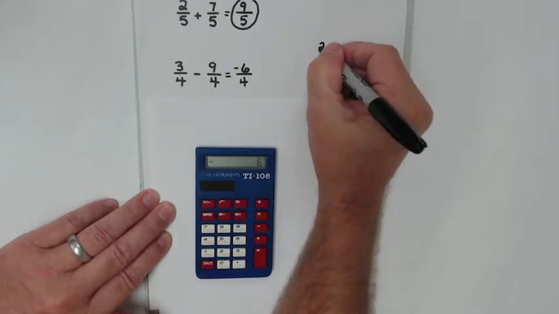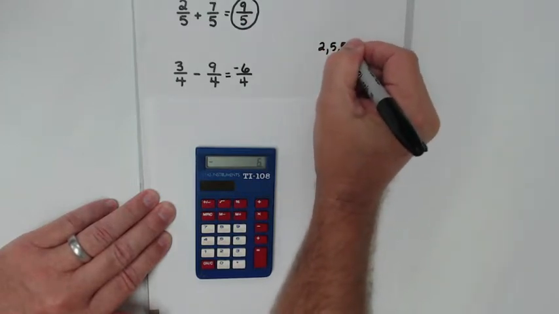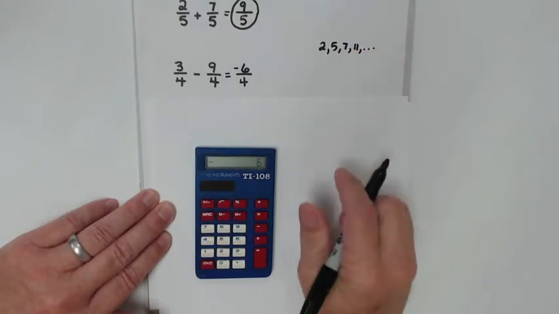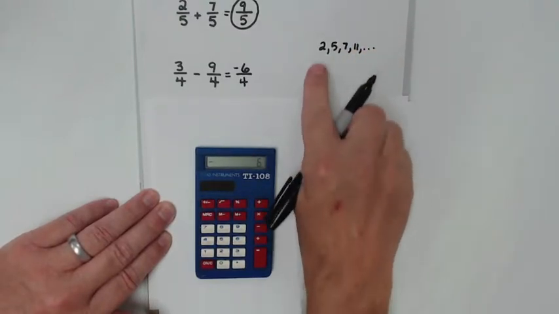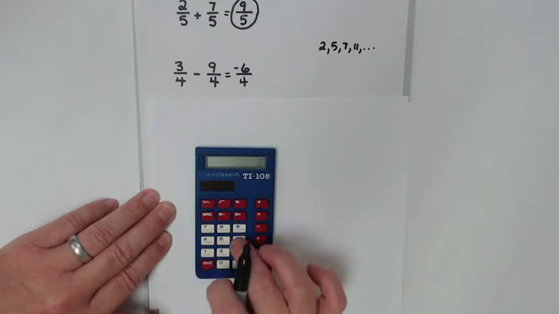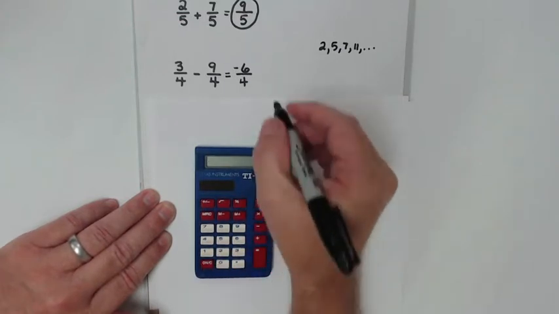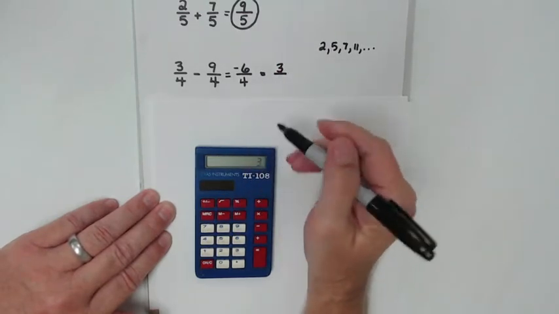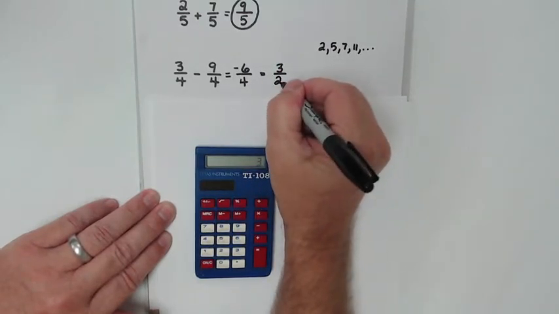Again, I need to see if I can simplify this. Again, I'm going to use prime numbers to help me simplify this. I'm going to start off with 2. 6 divided by 2 is 3. 4 divided by 2 is 2.